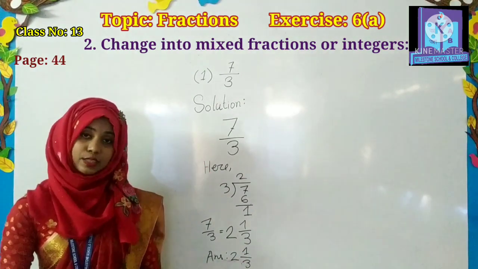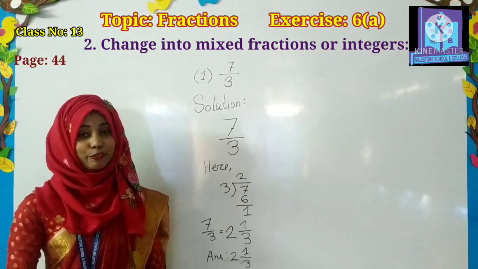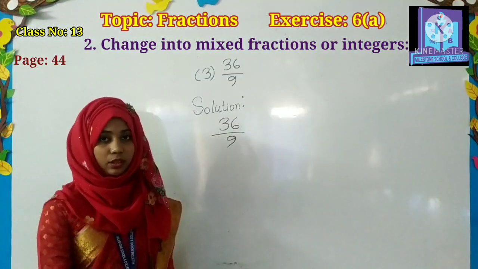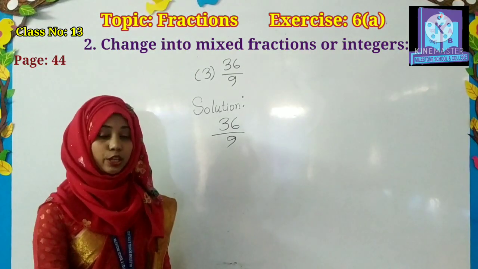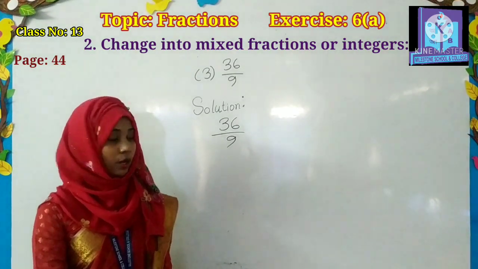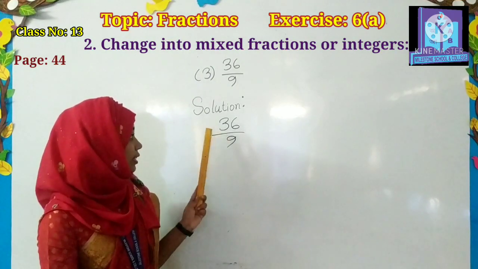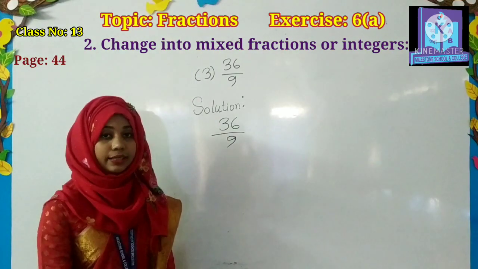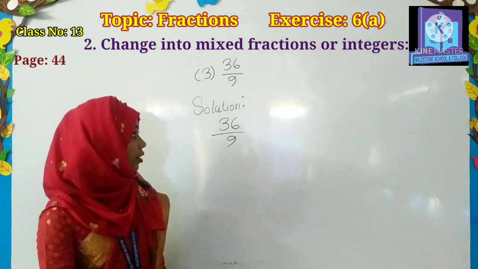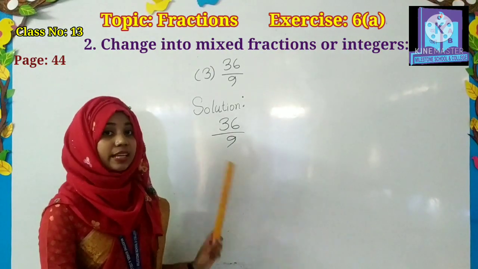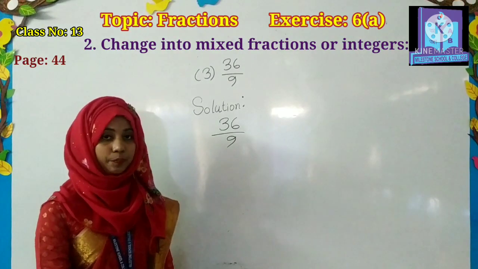Have you understood this math? Very good. Now we will solve number 3 of question number 2. Here is 36 by 9. This is an improper fraction. Now we will convert this improper fraction into mixed fraction.